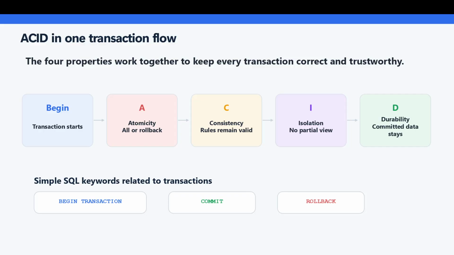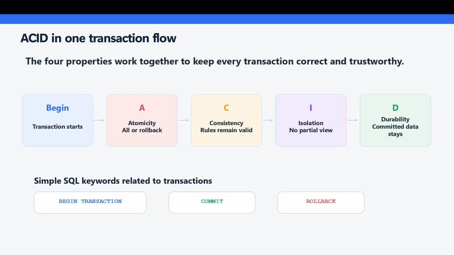This indicates the beginning of the transaction. The second one is COMMIT. Commit is used when all the operations are successful and the changes have to be permanently saved. And the third one is ROLLBACK. Rollback is used when an error occurs and the changes made by the transaction have to be reversed.